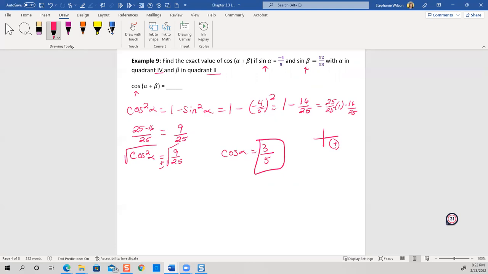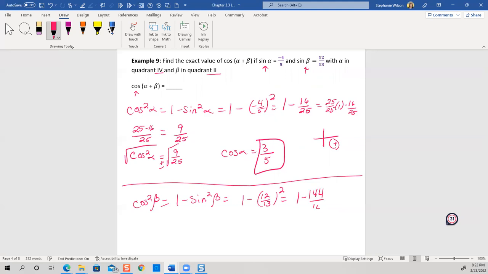Next, let's find the cosine of beta. So what I'm going to do is take the cosine squared of beta, set it equal to 1 minus the sine squared of beta. Plug in what I know for sine of beta, 12/13, and square it. So now I got 1 minus 144 over 169, and the common denominator is 169.